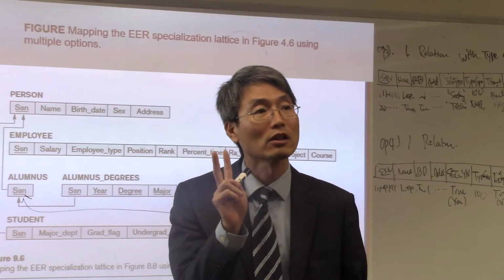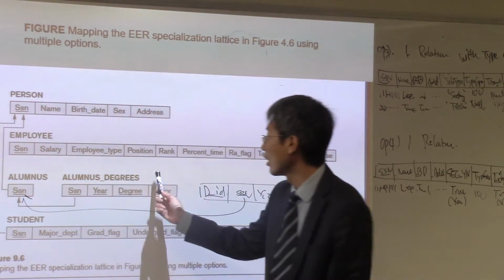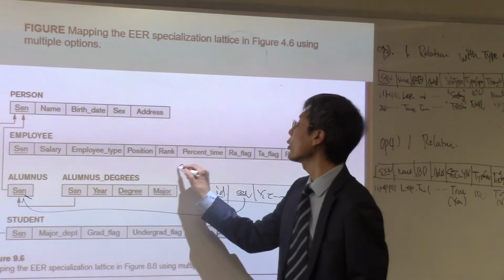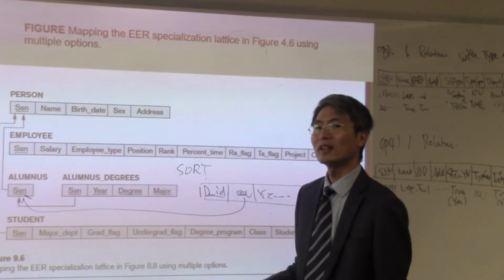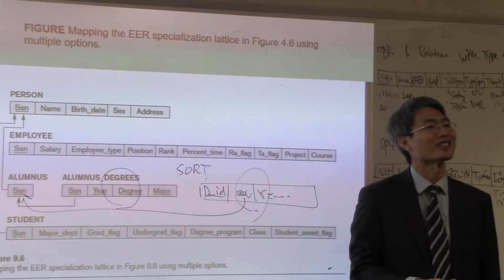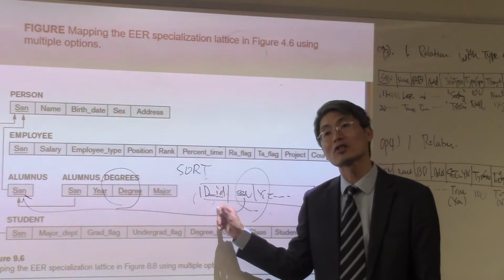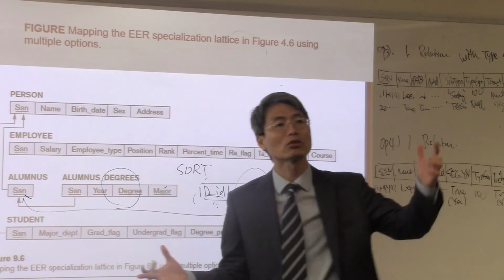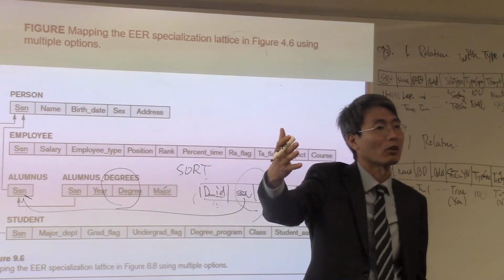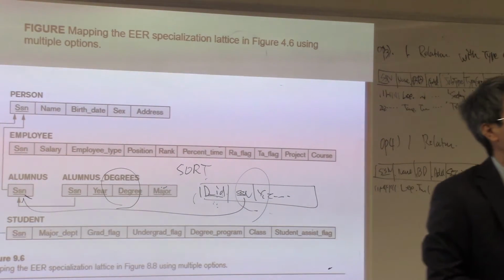Another one is space. If you sort the data, for example, sorting this one and this one, which one will be faster? Definitely this one is faster because it's just a number. But in this case, you need to have a lot of overhead data. So because of that, we prefer to use such a surrogate.